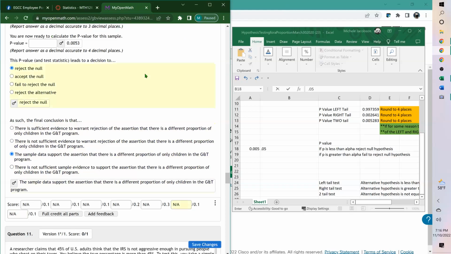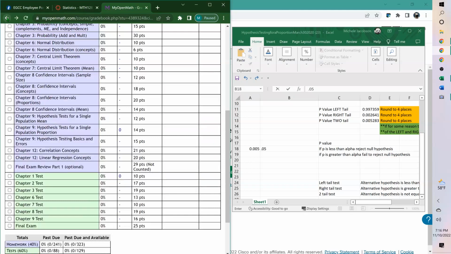A question about chapter 8. I was having a hard time on chapter 8, confidence intervals, proportions. Okay. So chapter 8, confidence interval proportion. Yeah.